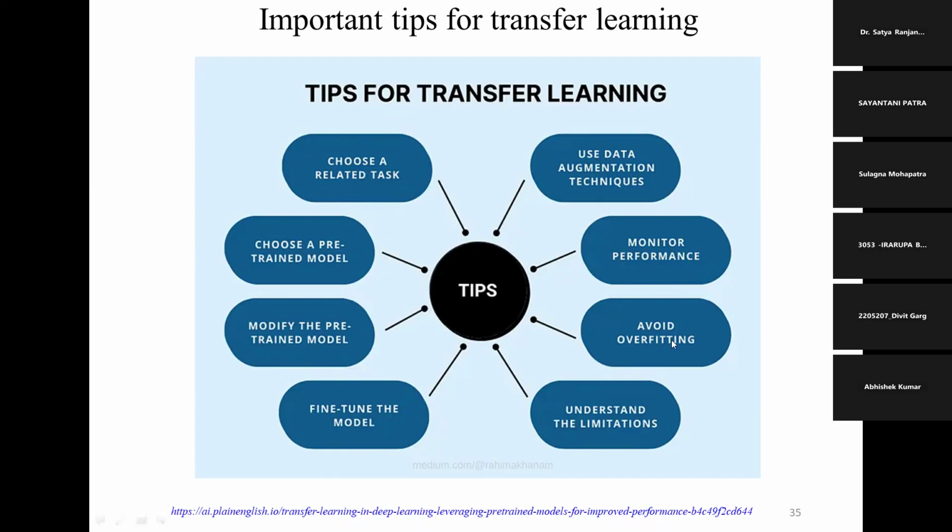Be careful if the pre-trained model is trained only with a particular type of data; if you have a variety of data, you might not get better accuracy. Monitor the performance, and of course use data augmentation techniques, because some pre-trained models might not consider that. So those are some tips for transfer learning.